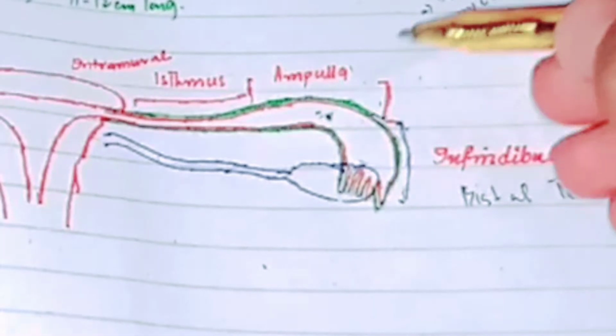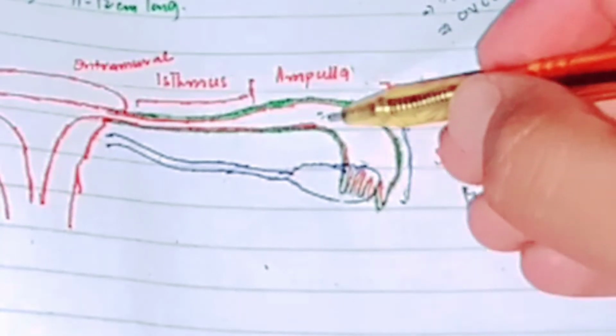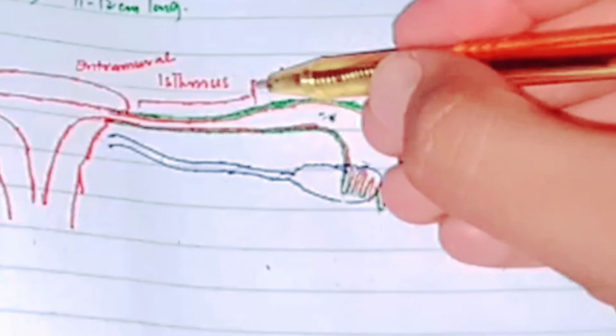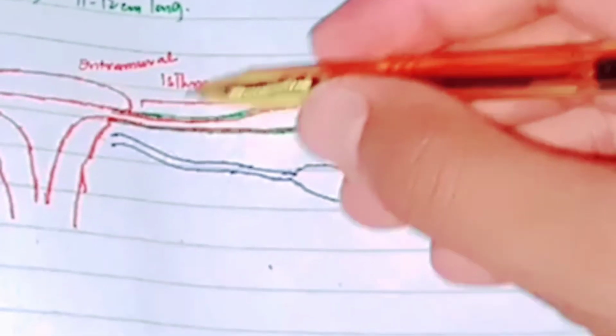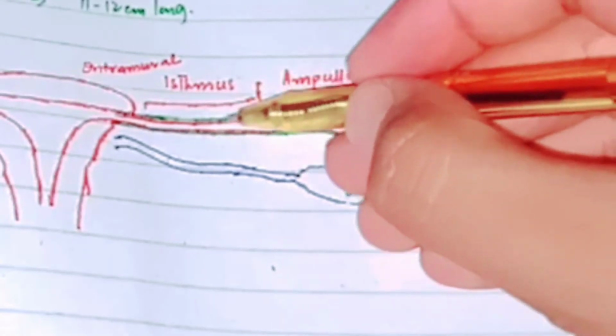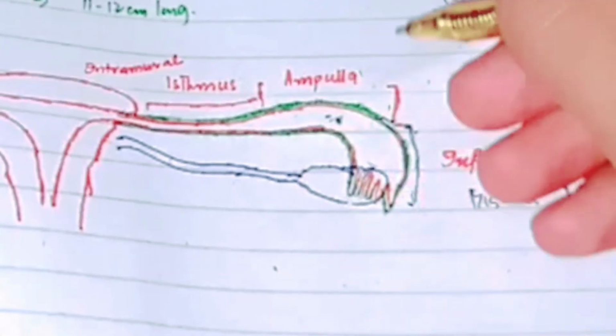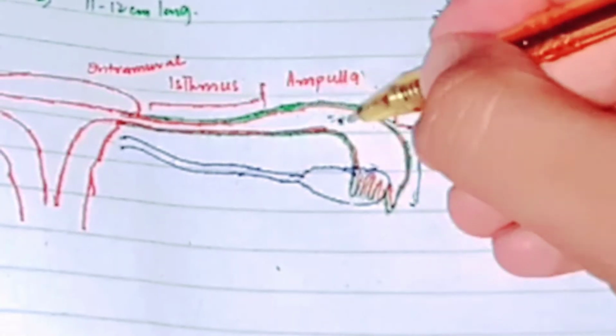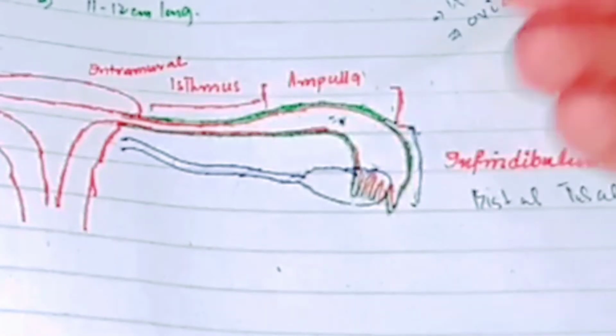The next part of the uterine tube, or the oviduct, is the isthmus, which is the narrow part of the fallopian tube, and this is the part which connects the ampulla to the uterus.